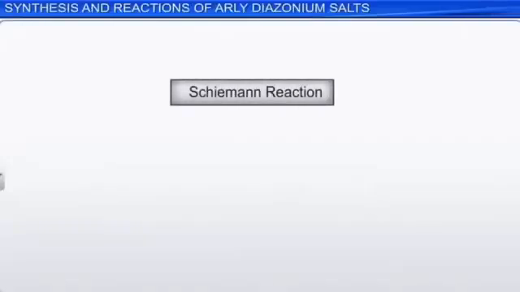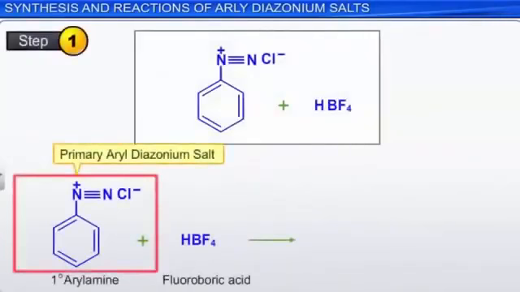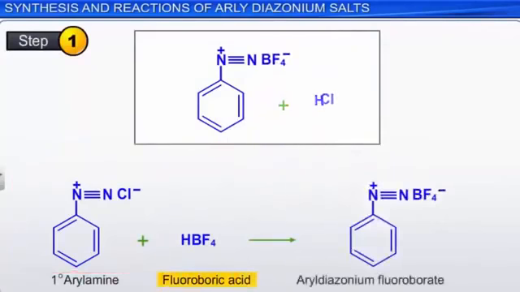The Schiemann reaction is a method for making aryl fluorides. In the first step, a primary aryl diazonium salt is treated with fluoroboric acid to make an aryl diazonium fluoroborate, which precipitates.